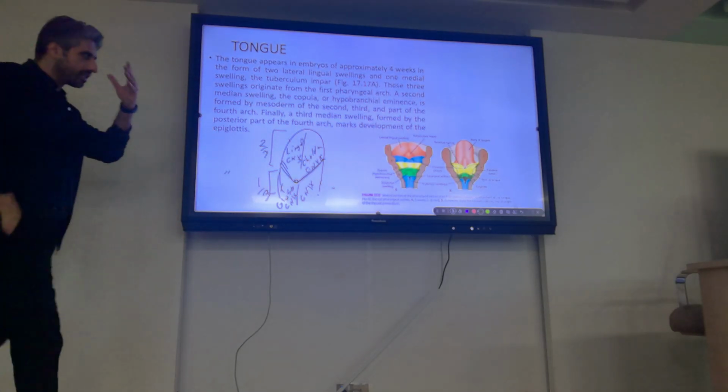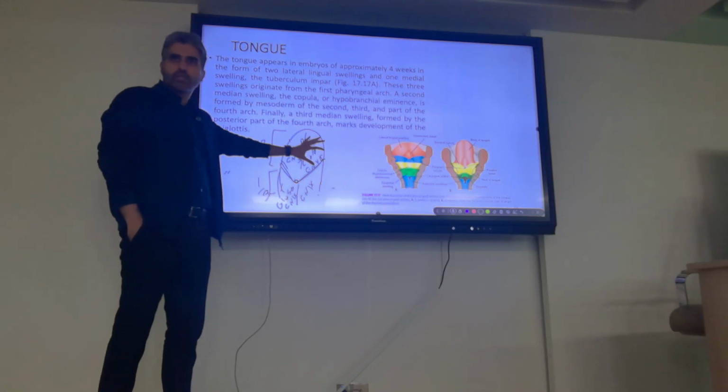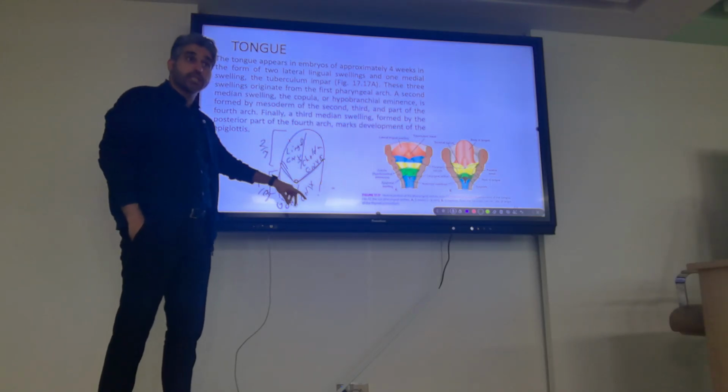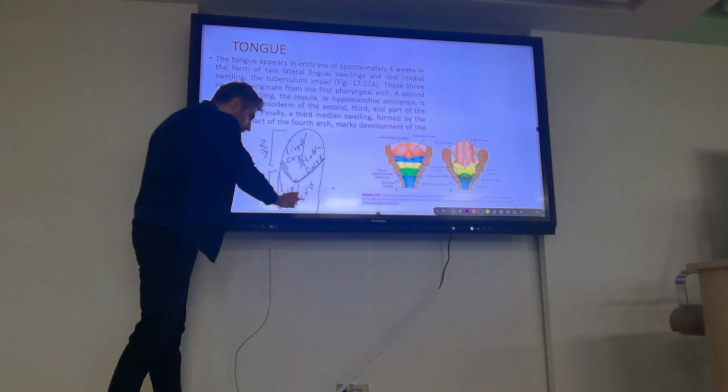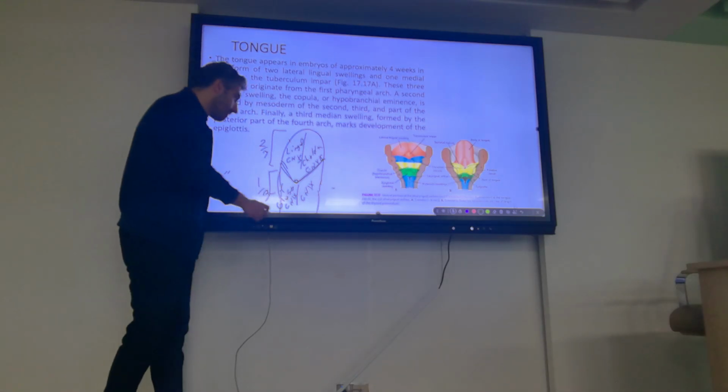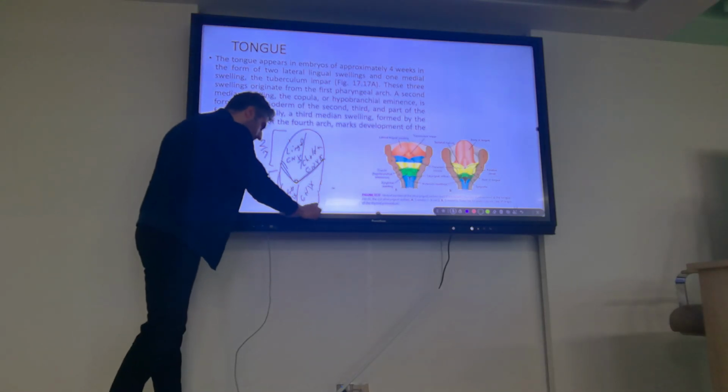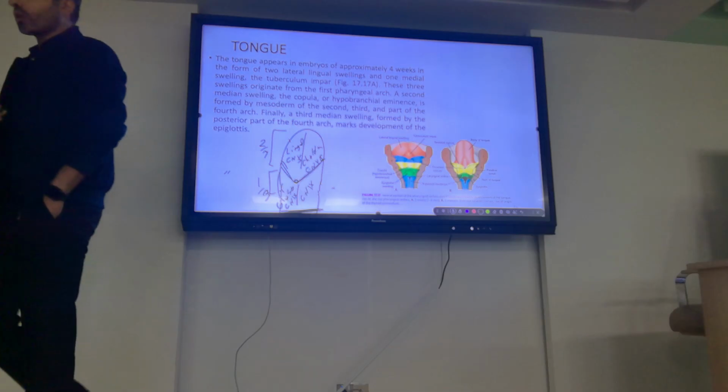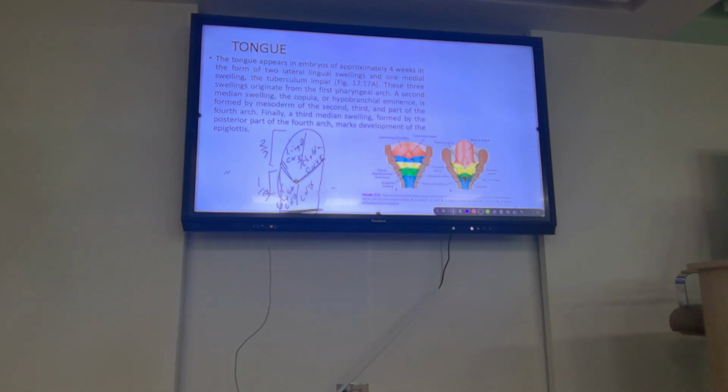So we can understand this. Arches 1 and 2 in the tongue are here, arch 3 is here, and at the root of the tongue, when the tongue attaches to the epiglottis, the nerve is the vagus nerve.